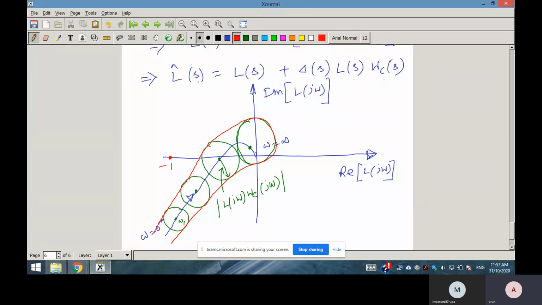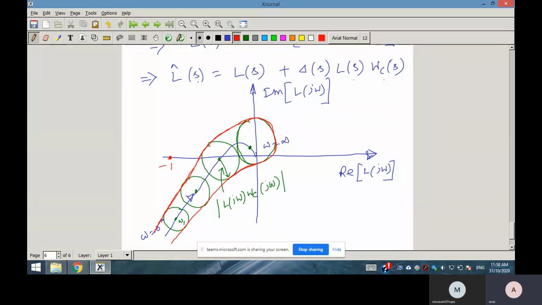Okay. So now for robust stability, what is the condition? The L hat j omega Nyquist plot should not touch the minus 1 point. This is the boundary of the L hat j omega Nyquist plot, and it will lie inside this region.